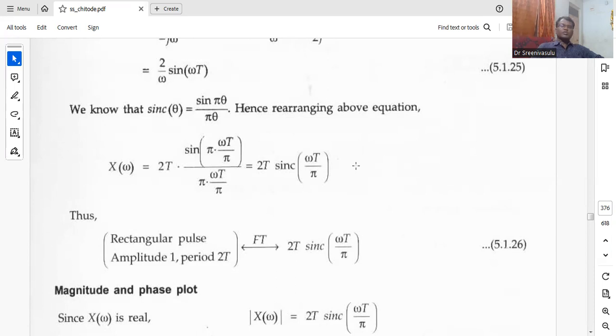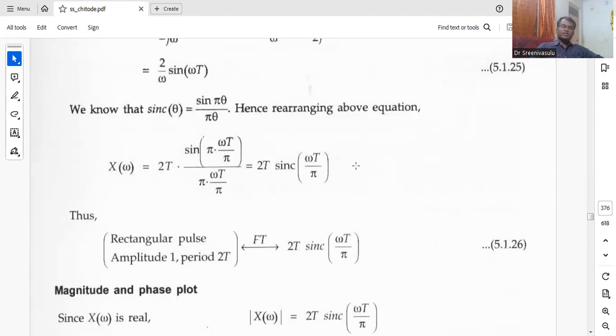There is no pi in the original equation, so we multiply and divide with pi in the numerator, sin of pi into omega T by pi, and in the denominator also, pi into omega T by pi. So now you can see this sin pi theta by pi theta is like a sinc of theta. So finally, 2T into sinc of omega T by pi.